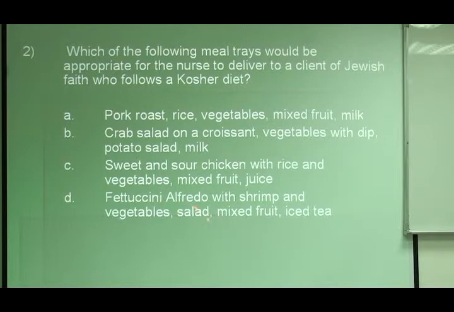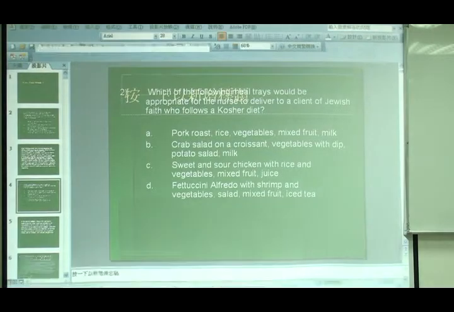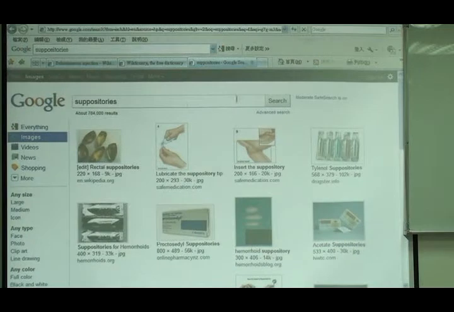Fettuccine Alfredo is pasta, with a white sauce. Fettuccine is the type of pasta, the flat noodle. You know angel hair, the thin one. Spaghetti, fettuccine, the flat one. You know the different pastas? I'll show you.